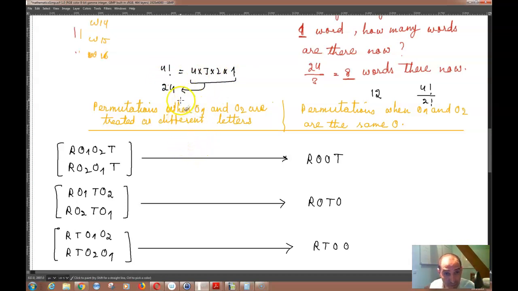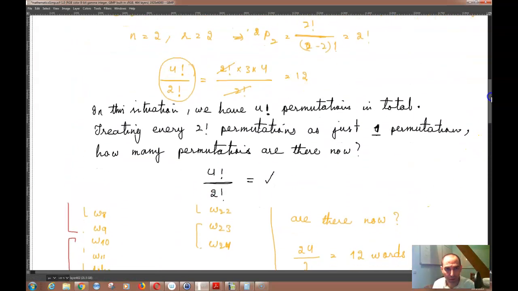Now since I have taken each 2 factorial permutations as just simply one permutation, I have divided 4 factorial, the total number of permutations, by 2 factorial, and so as a result what I've gotten is 24 divided by 2, which is equal to 12. That's basically what you do when your objects are repeated.